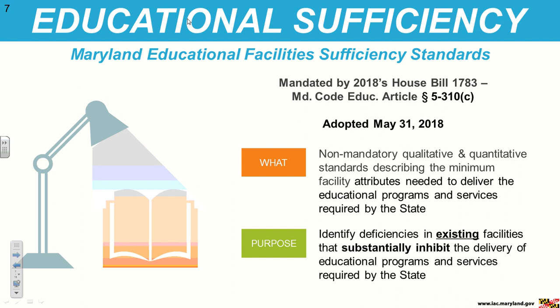Their purpose is to identify deficiencies in existing facilities, not new facilities, that substantially inhibit the delivery of educational programs and services. An example would be the standard stating that the facility should be able to maintain classroom spaces at a temperature of 68 to 75 degrees Fahrenheit. When the temperature routinely remains outside this range in a given space, a deficiency is identified.